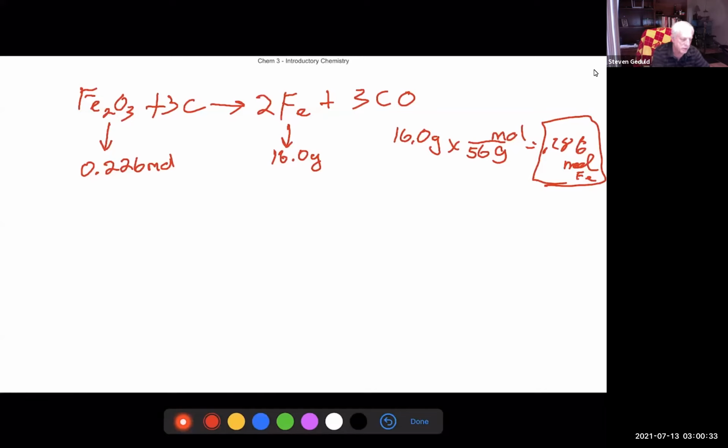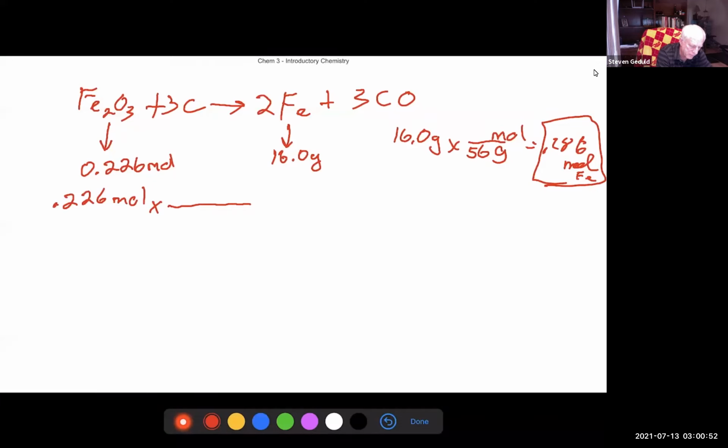So if we have 0.226 moles of Fe2O3, and we want to know how many moles of iron we will produce. So we have 1 mole Fe2O3 to 2 moles of iron.